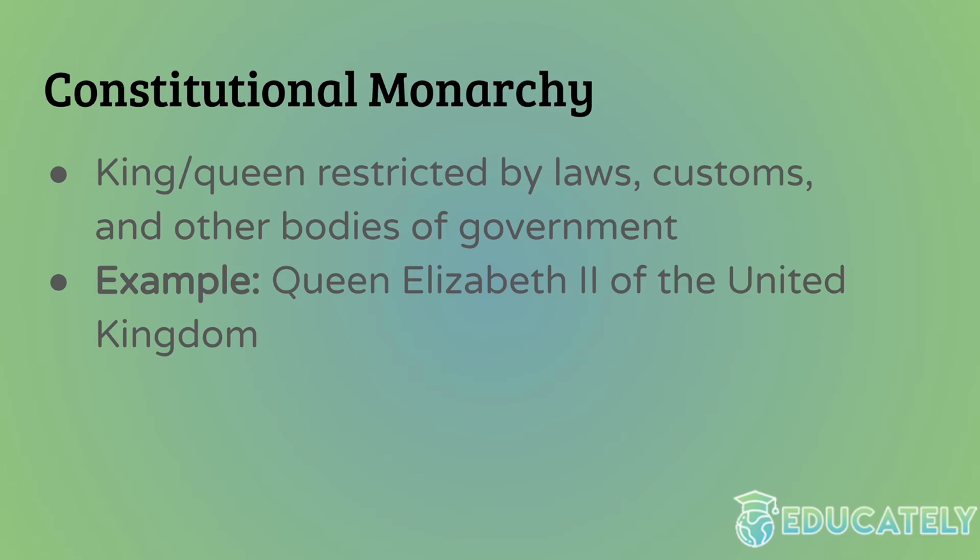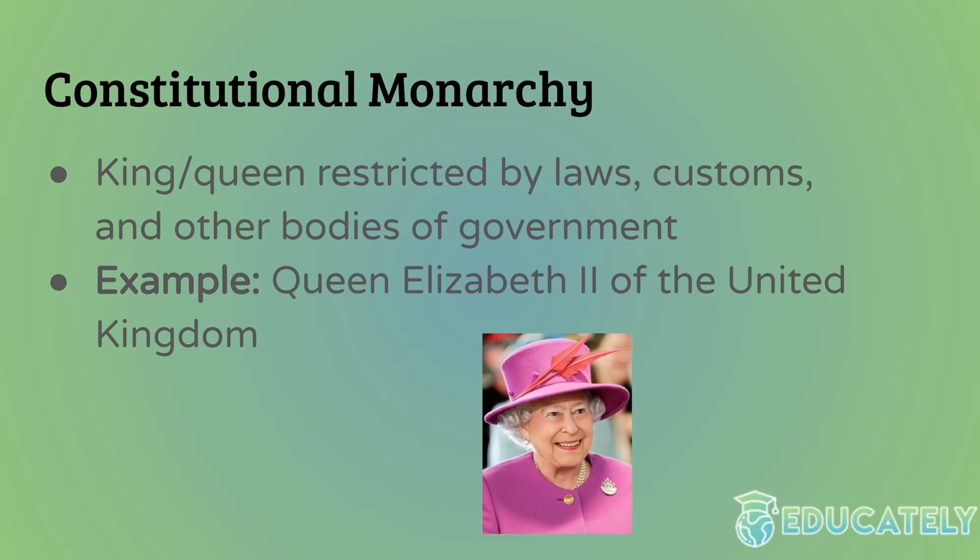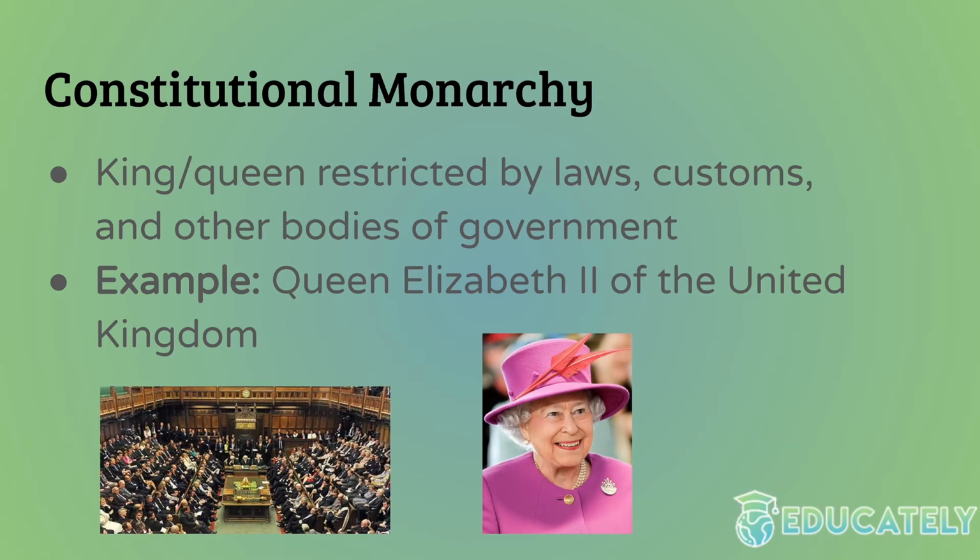An example of that is the king or queen of the United Kingdom. Currently, it's Queen Elizabeth II, over 90 years old, which is very interesting. In the case of the United Kingdom, the UK has their parliament and a prime minister that makes most of the decisions. Instead, the king, or in this case the queen, is more ceremonial, as I mentioned.